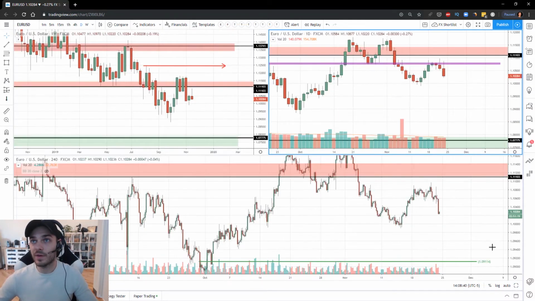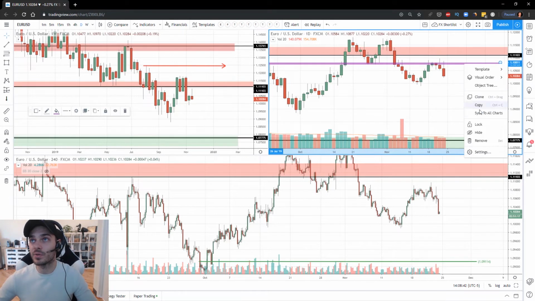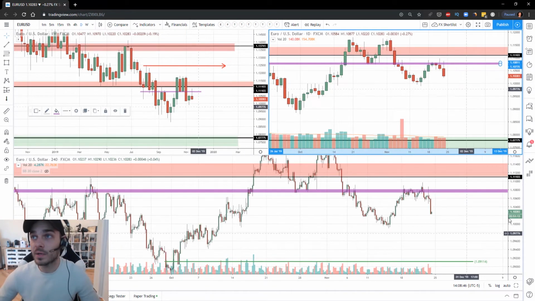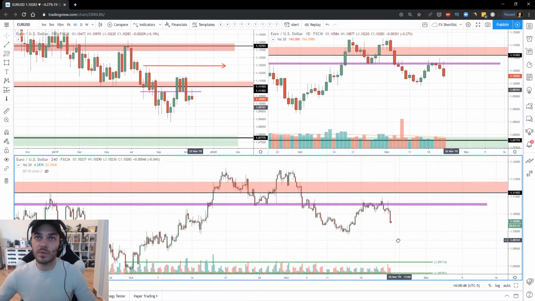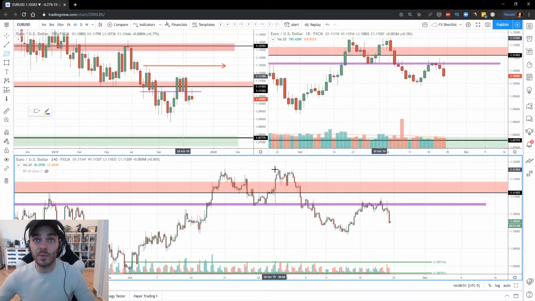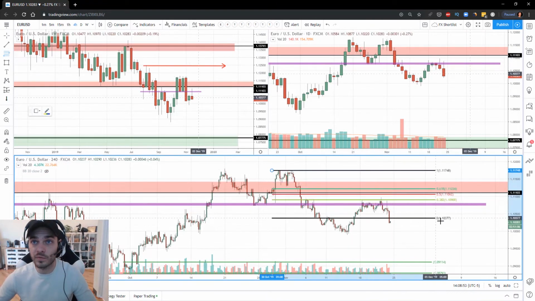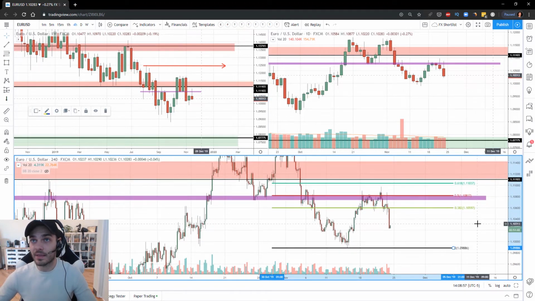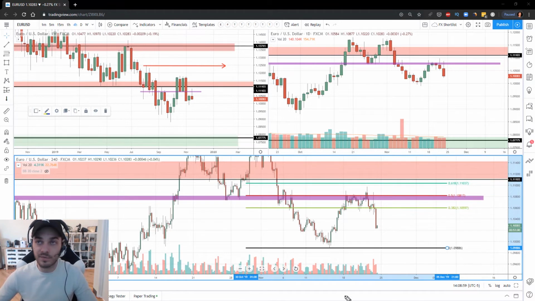All right, and so if I drop this down into our intraday time frame, this is where it gets a little bit more interesting now. If I measure out the retracement here on the Fibonacci from the high of this move to the low of that move, what you guys will see is that the 50% retracement level lines up right around our zone within a couple of pips.